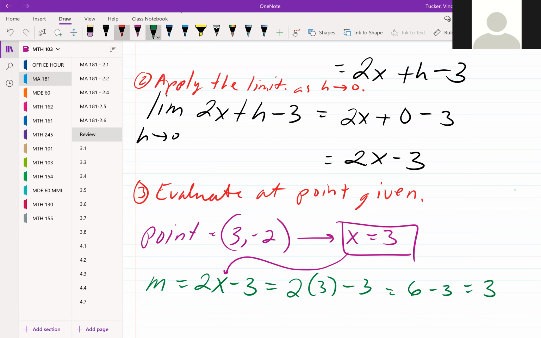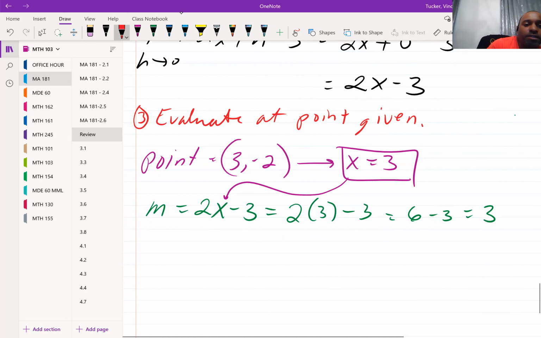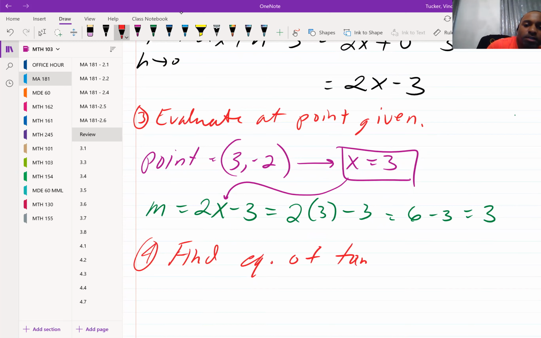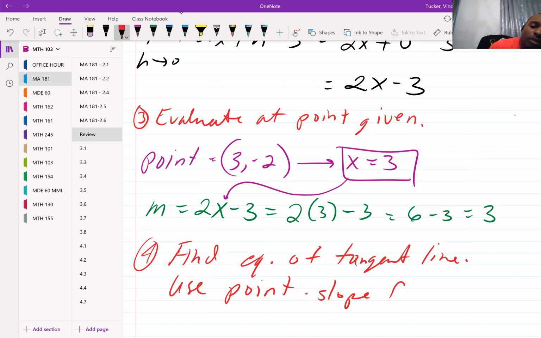All right. So then the fourth step, they ask us to find the equation of the tangent line. And let's see, I want to write: use the point-slope formula.